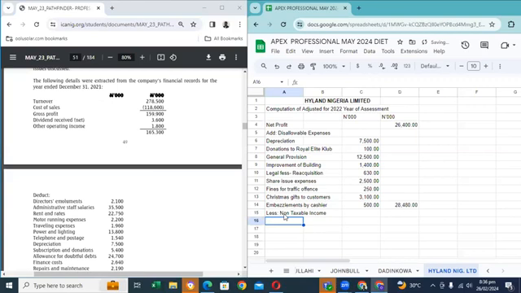Right, non-taxable income. So we have dividend received. Because dividend received is a franked investment income, right? We gross up. That's 36. So it's on net.